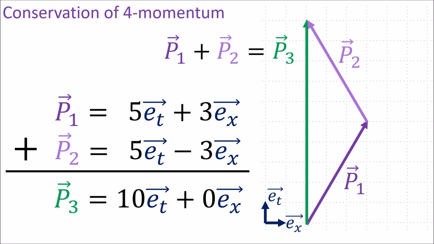This means that p3 has 5 plus 5 equals 10 energy units and 3 minus 3 equals 0 x momentum units, so the object is stationary in space. However, the 4 momentum of the resulting object is not 0 overall. It still has 4 momentum in the time component, which measures its rest mass energy.